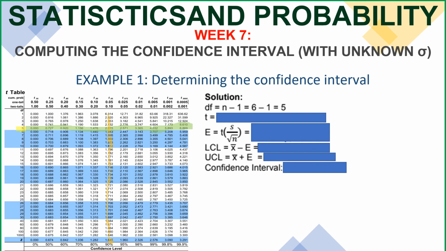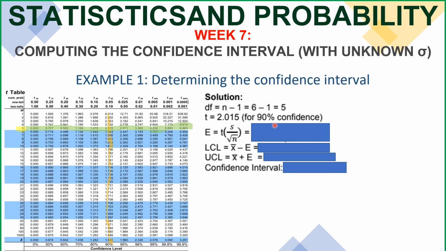Ayan. So, saan siya nag-intersect? Therefore, nag-intersect siya sa 2.015. So, our t-score, therefore, is 2.015 for 90% confidence. So, meron na tayong t-score.